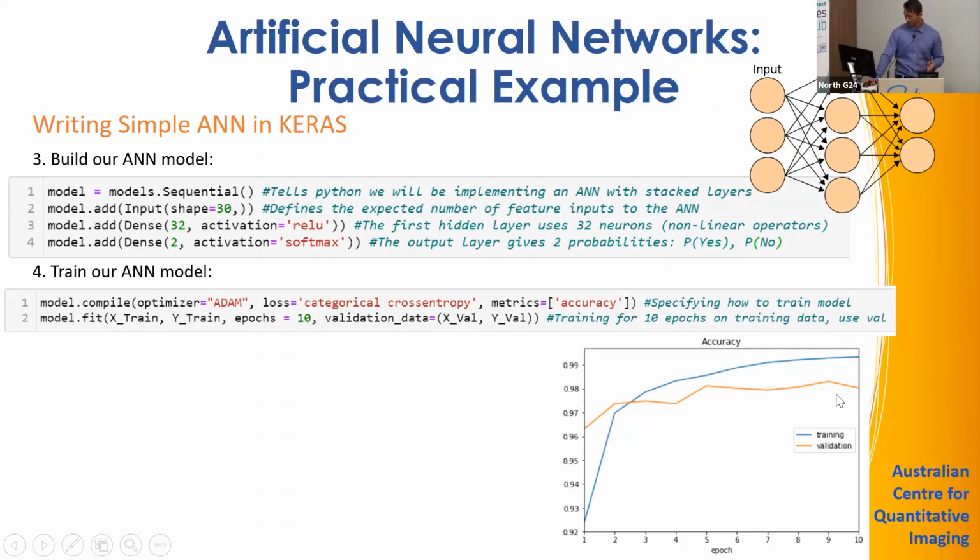Now, the reason for this is very important to understand for building deep learning models. So you want the model that performs the best on the validation set and not the best on your training set. And this essentially prevents overfitting on your training set. Your training set may have certain characteristics which aren't represented in the real population of your data.